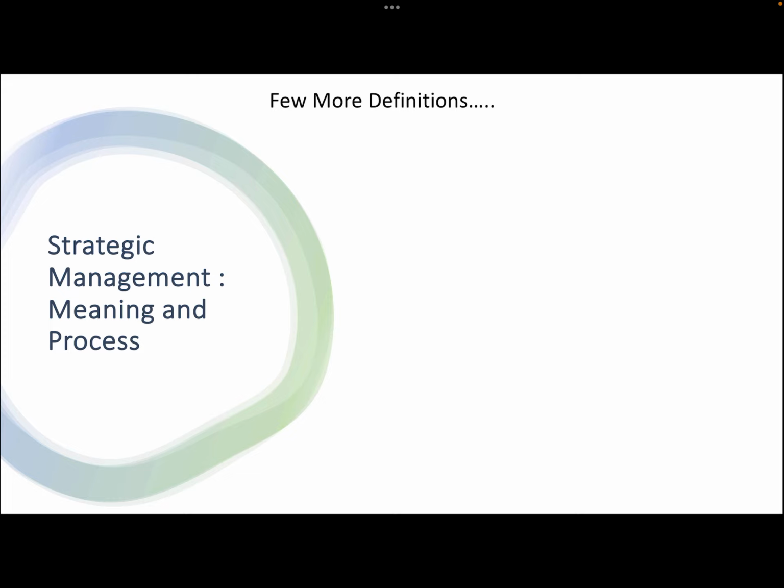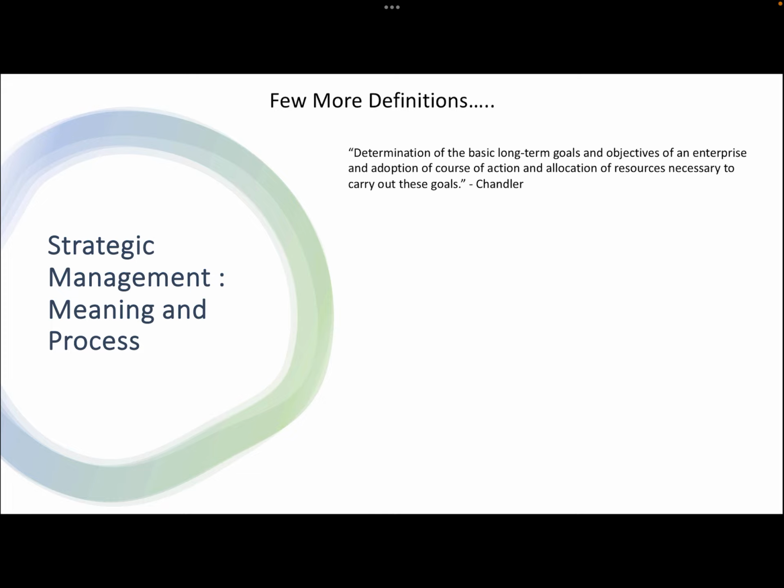In the field of management, Chandler defined strategic management as a determination of the basic long-term goals and objectives of an enterprise, adoption of courses of action, and allocation of resources necessary to carry out these goals. According to Chandler, there are three important points.